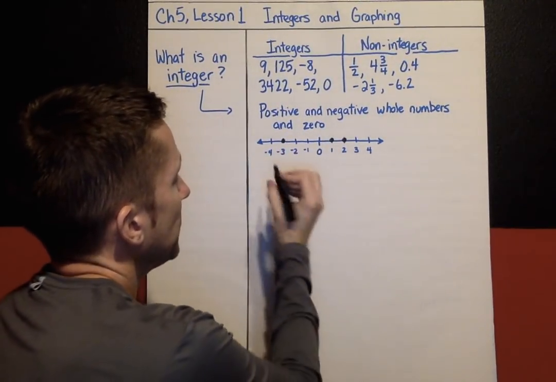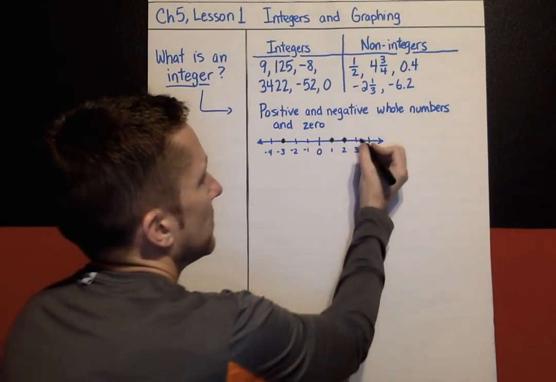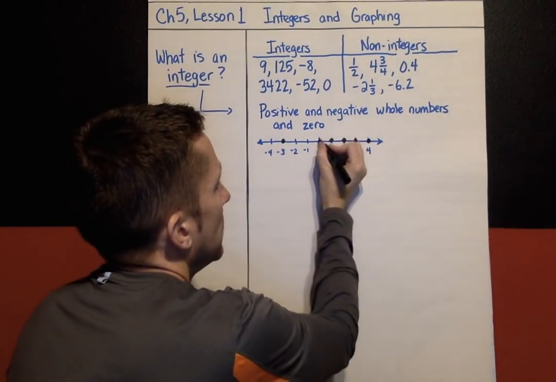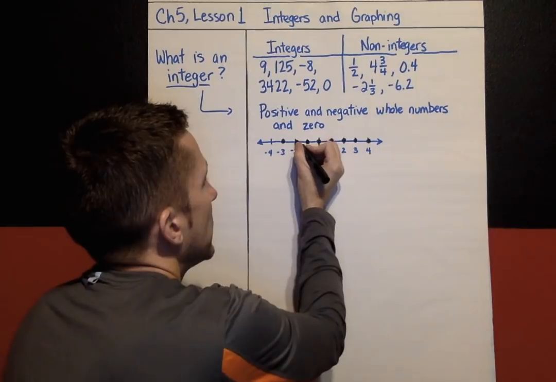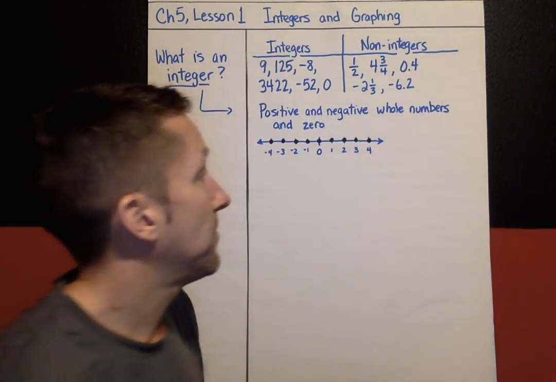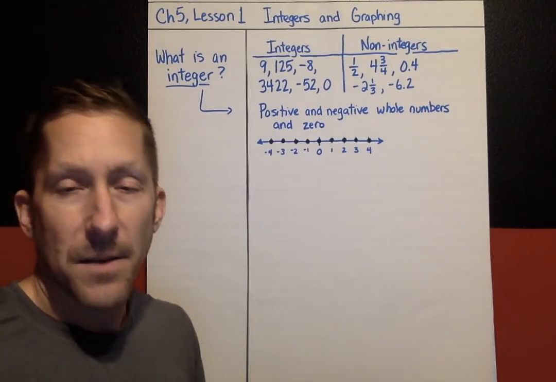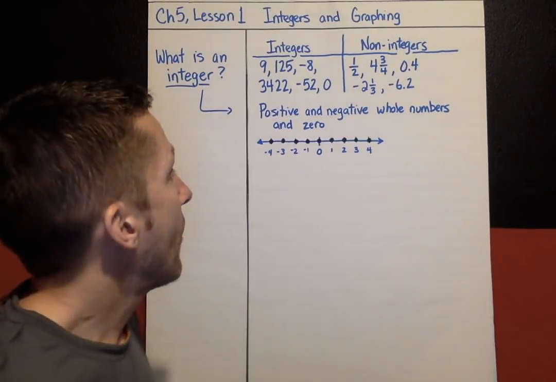So I'm going to graph all the integers on this number line. 3, 4, 0, negative 1, negative 2, and negative 4. So if you are graphing something on a number line, it needs a point with what you're trying to graph.